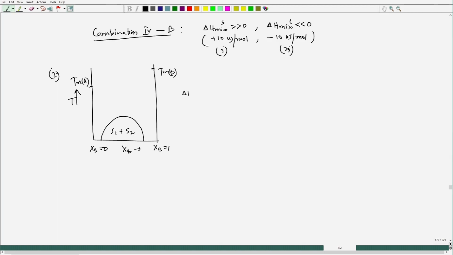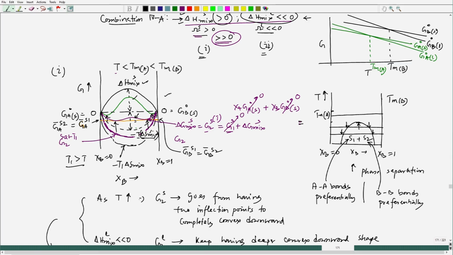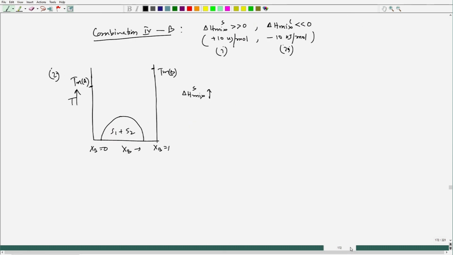Now, if delta H mix of solid is gradually increasing, okay. So, if it is gradually increasing, that means as per this particular plot, this value will be farther upward and convex upward. Okay. So, hence a much higher temperature will be needed to bypass that inflection point in the free energy of solution, and then it becomes completely convex downward. So, a higher temperature will be needed.